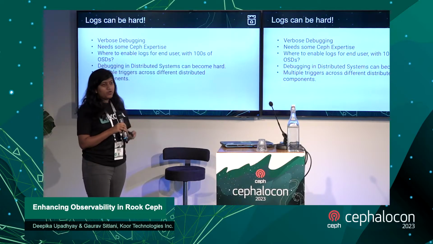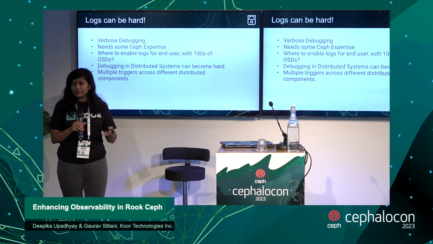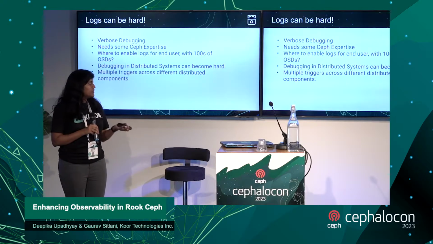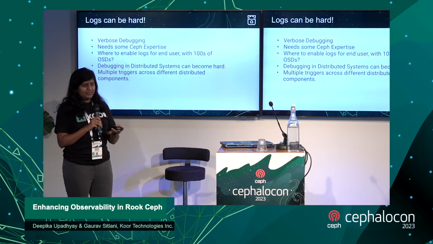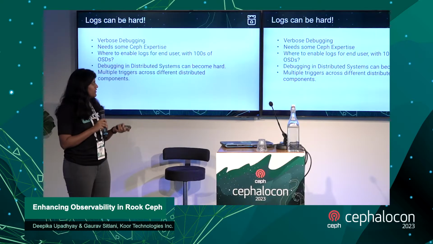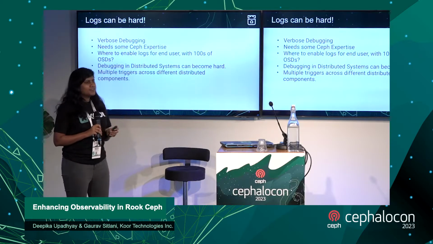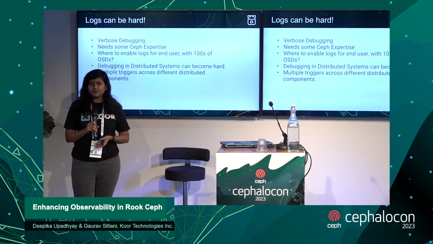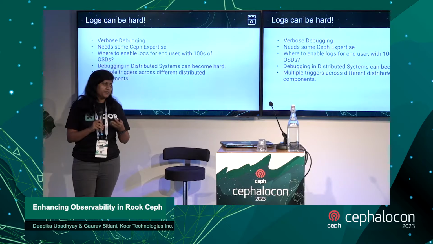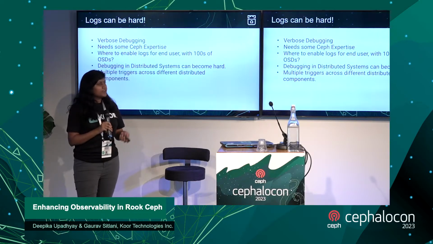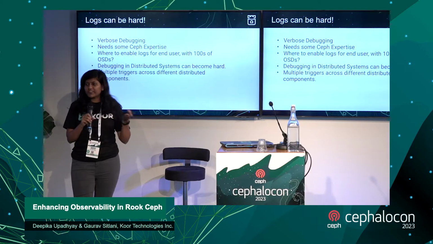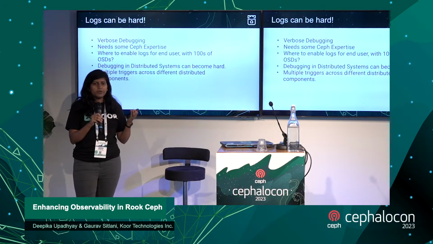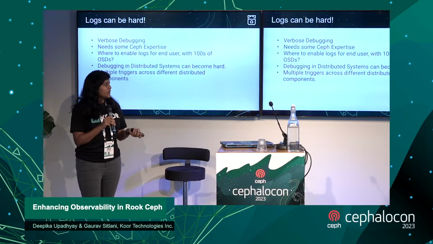Also, in a production cluster, not everybody can have logs enabled all the time. There are thousands of OSDs. How would you make sure what went wrong? Also, this is not a monolithic architecture. We are talking about thousands of distributed resources, so there is no single point of failure, and multiple resources could be going down.